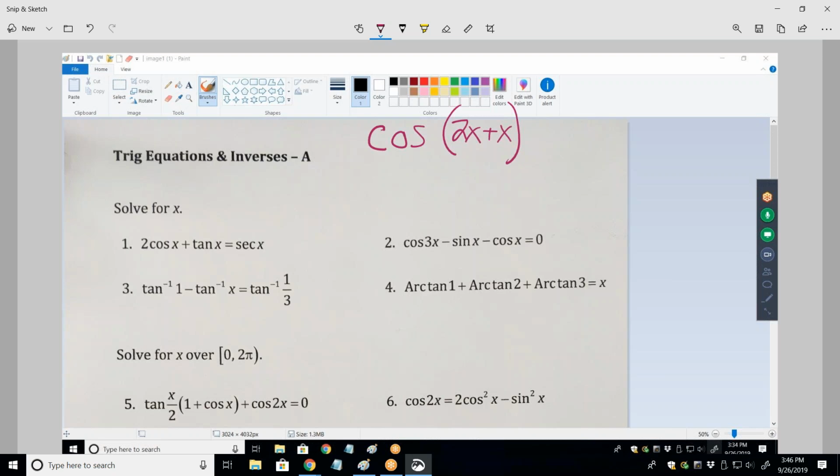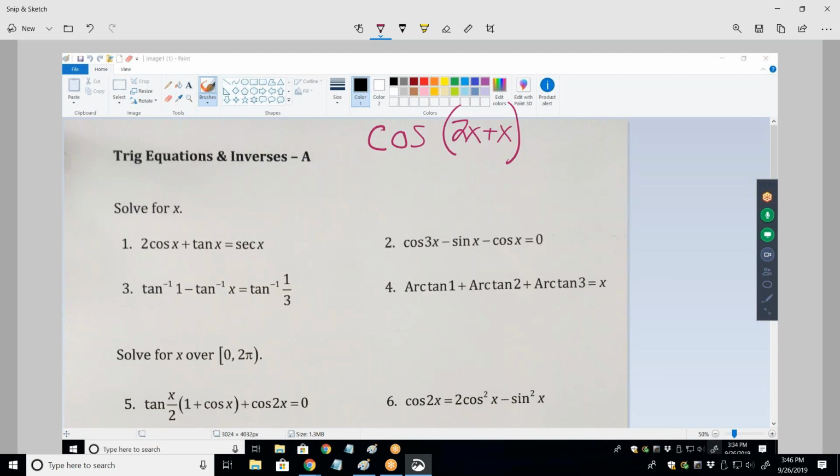I think we have a cosine 3x identity. Although I'm not sure if it would work in this case. Well, let's try this, because I think this will work.